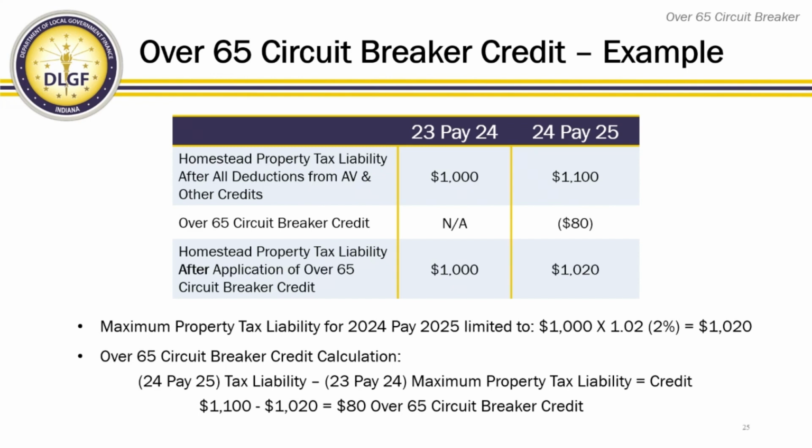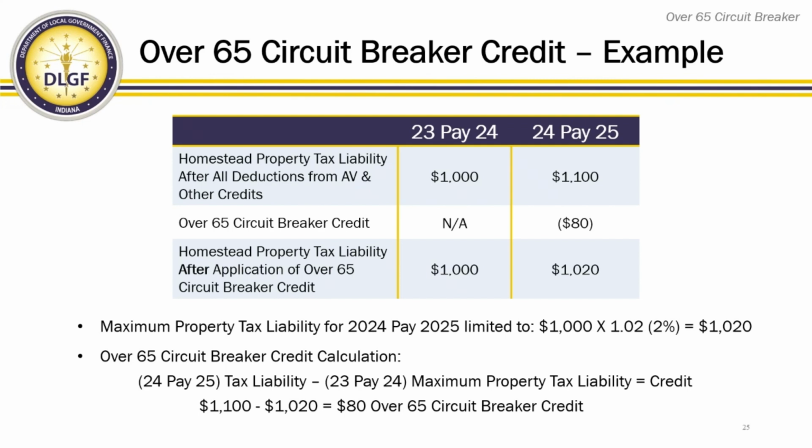With the circuit breaker, however, it caps the increase at 2%. The circuit breaker would kick in and cap the liability for the pay 25 tax bill to $1,020. So it caps the liability, or the increase, at 2%.